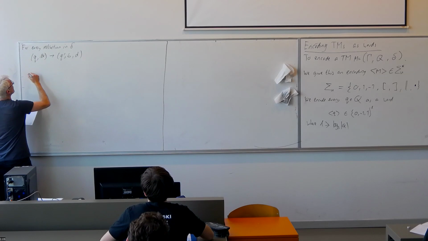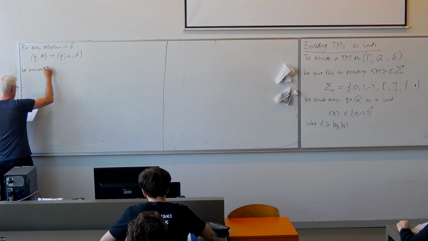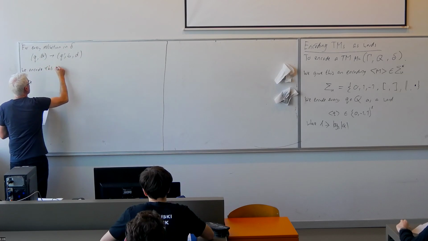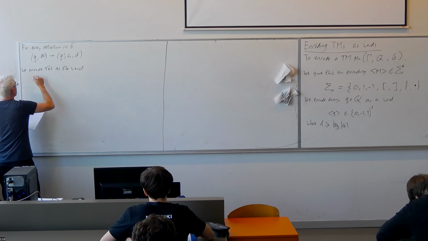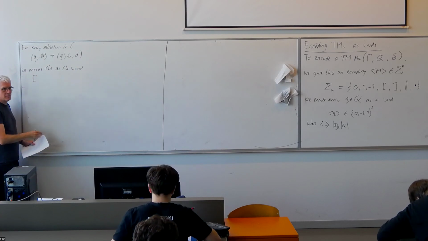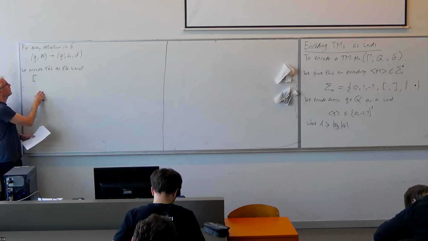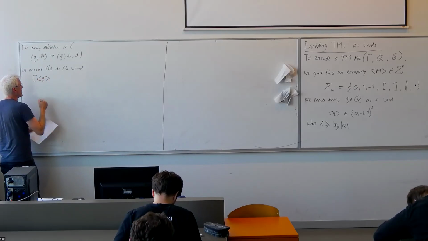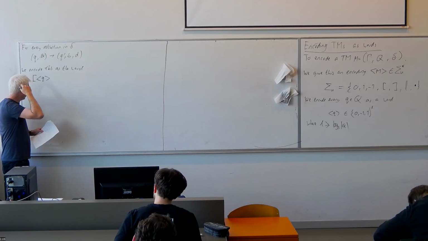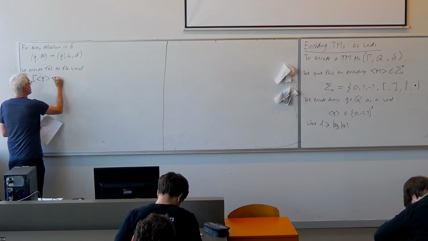So we encode this as the word. I use square brackets to say it's the start of an instruction. We put the encoding of the state Q. Use the bullet here.